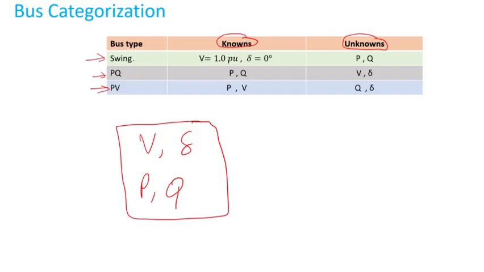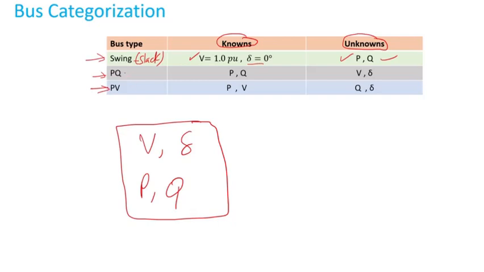For a swing bus, or slack bus, voltage is typically known, say 1 per unit, and the angle is 0 degrees. Then you don't know P and Q, which need to be calculated from the power flow analysis.